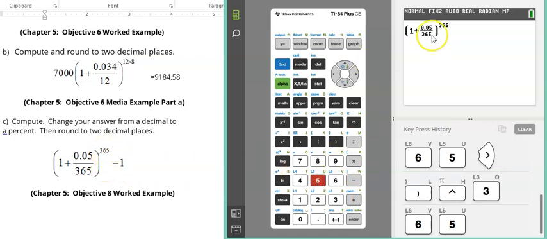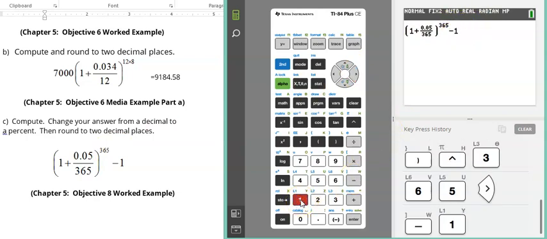Now we need to get out of the exponent, so I need to move to the right till the cursor goes down, and we'll do minus 1. Okay. Now this is the decimal expression of the percent, and right now this is rounded to 2 decimal places. This is not our correct answer. We're going to need to multiply this by 100 to change it to a percent, and then round to 2 decimal places.